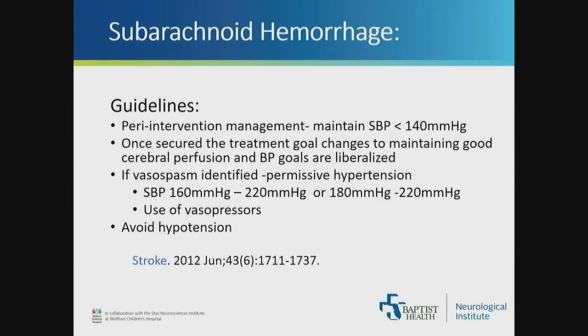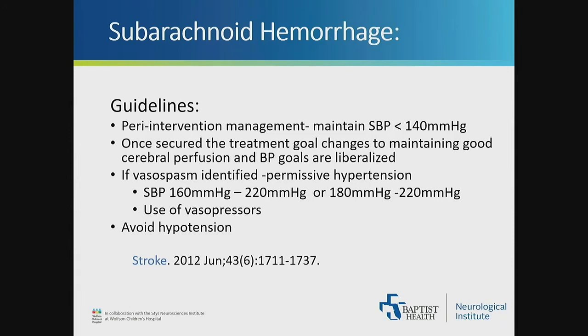We're going to liberalize those goals. Now, if the patient is indeed in vasospasm, blood pressure goals change again. We're going to allow permissive hypertension with those patients, up to 160 over 220 or 180 over 220.